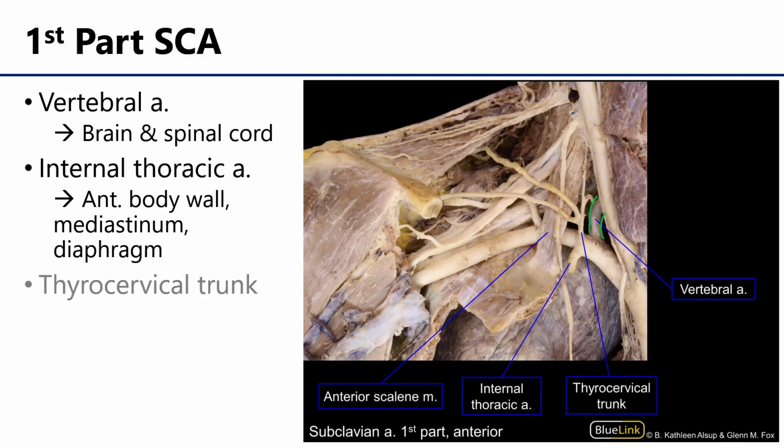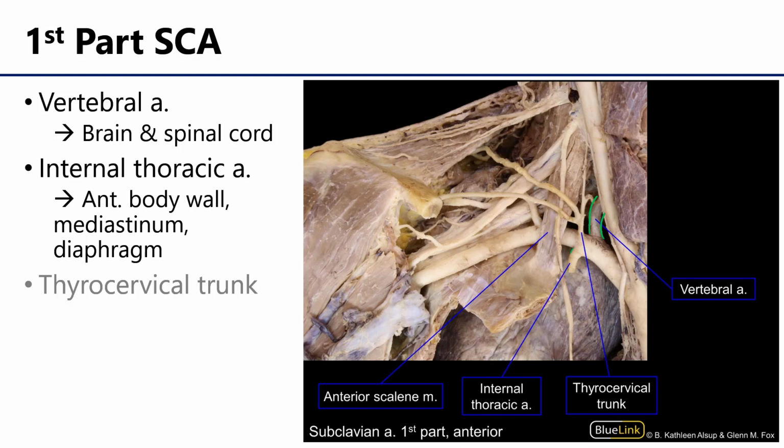The vertebral artery is going to exit the first part of the subclavian artery, and it's going to enter into the transverse foramina of the cervical vertebrae and ascend its way up to the foramen magnum, where it will enter the skull and be the principal blood flow to the posterior aspect of the brain. So the cerebellum, brainstem, posterior cerebrum, diencephalon, things like that.